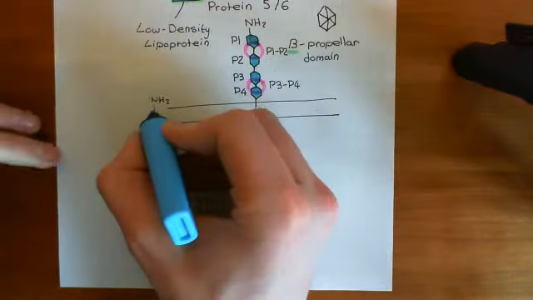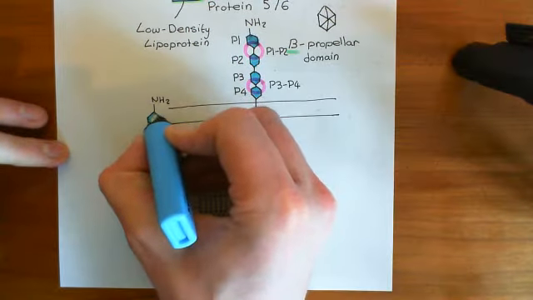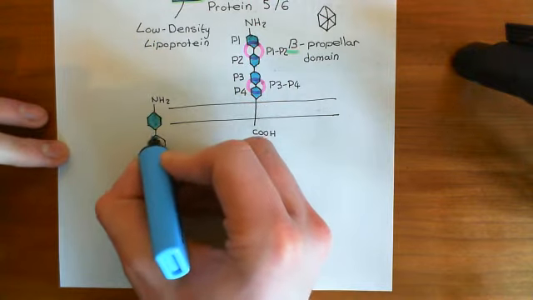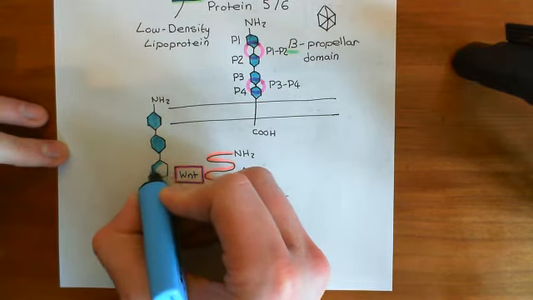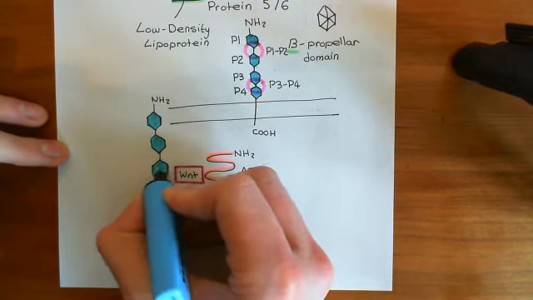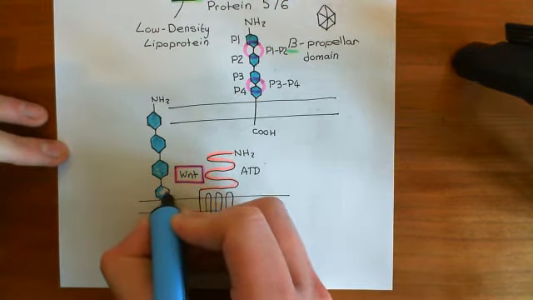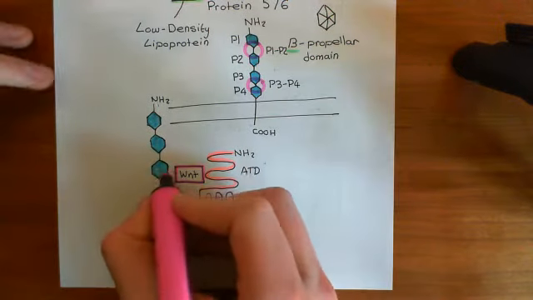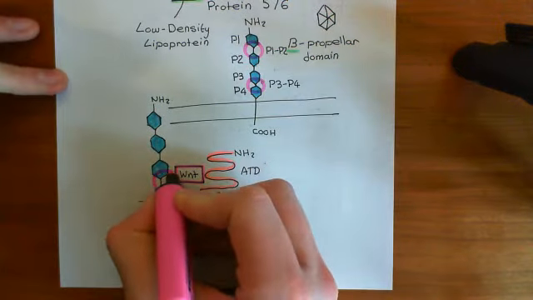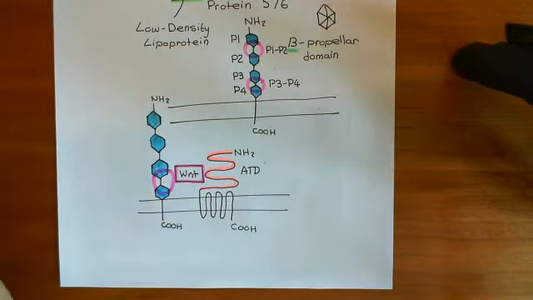Let's now colour in these beta propellers in blue. There's P1, then P2, then the P3 beta propeller here, and then the P4 beta propeller here. The Wnt molecule has bound at this interface between the P3 and P4 beta propellers, that's the P3-P4 Wnt binding site.